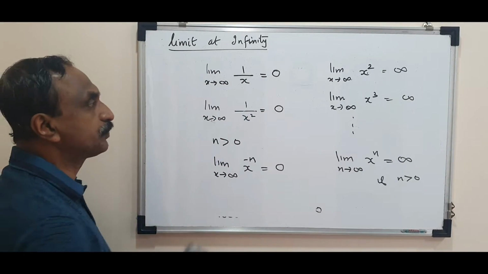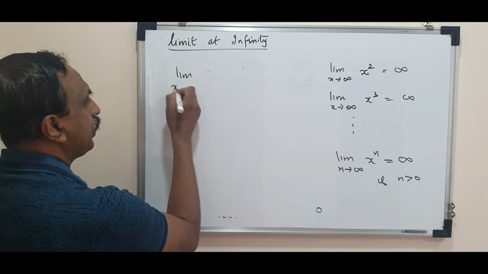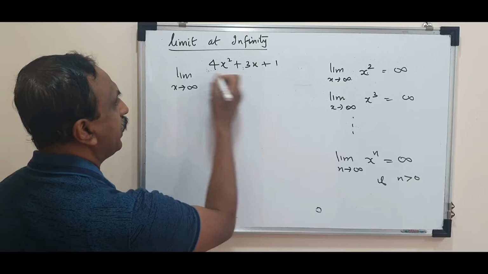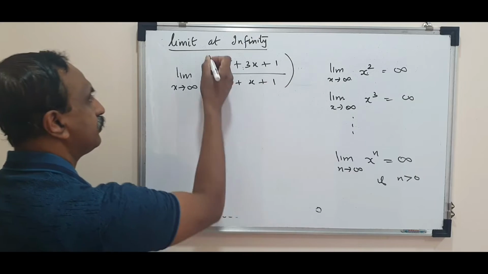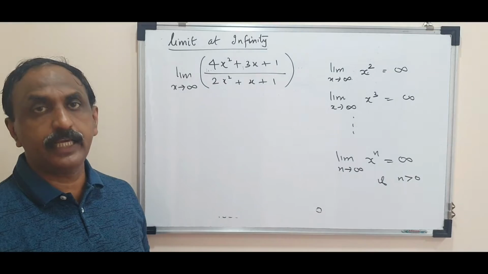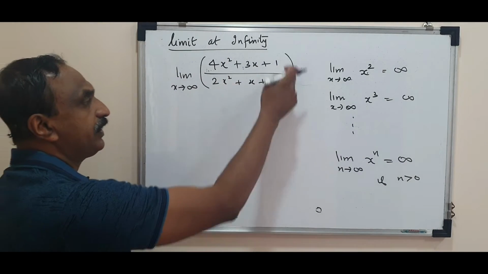Now let's have a look at this problem. Limit x tending to infinity, 4x square plus 3x plus 1 divided by 2x square plus x plus 1. You can see that the degree of the numerator and the degree of the denominator are equal. In such a case, I will convert everything to 1 by x.